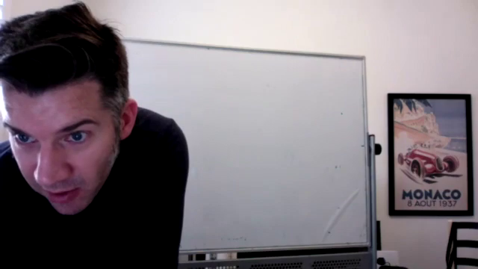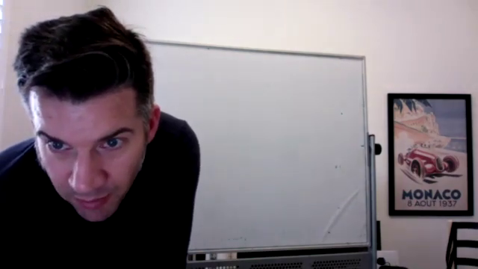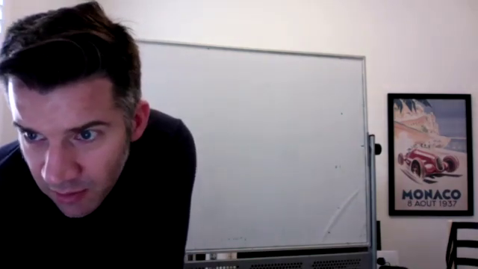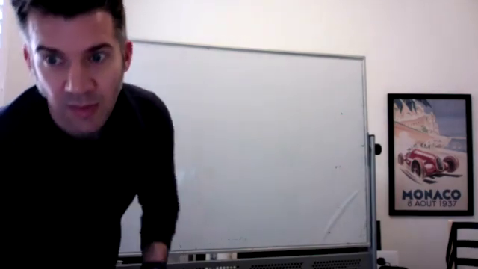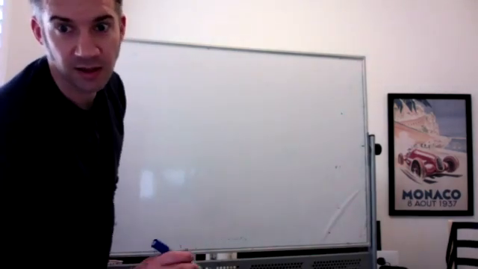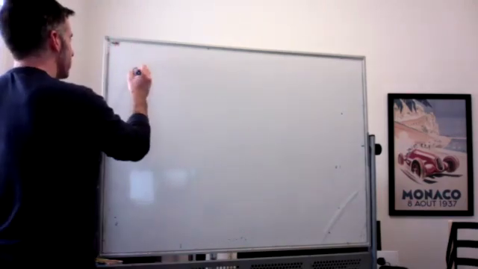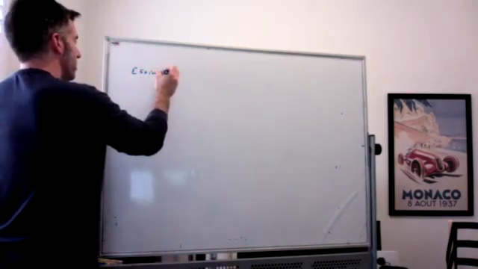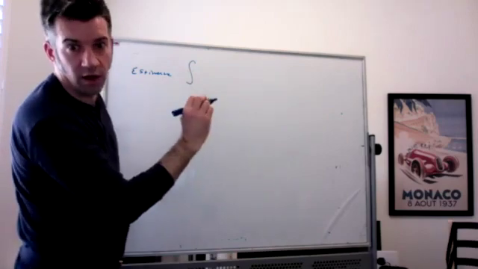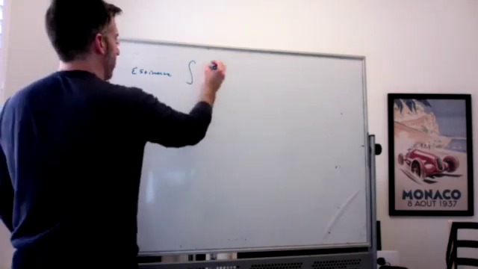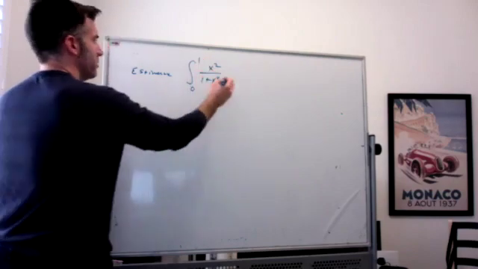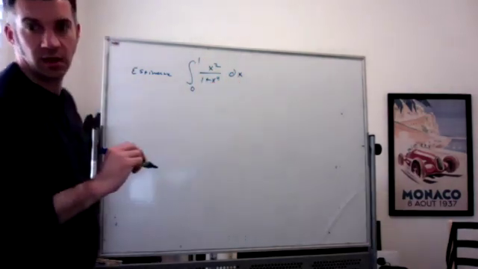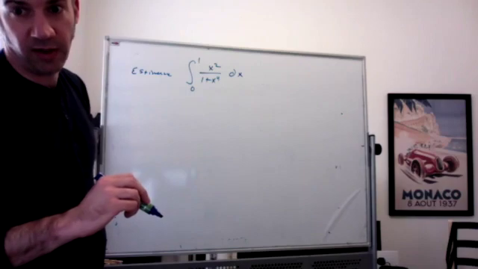Okay, well, I'll just do this other example. I want to estimate the integral of x squared over 1 plus x to the 4, from 0 to 1, using the first 3 terms of a power series.